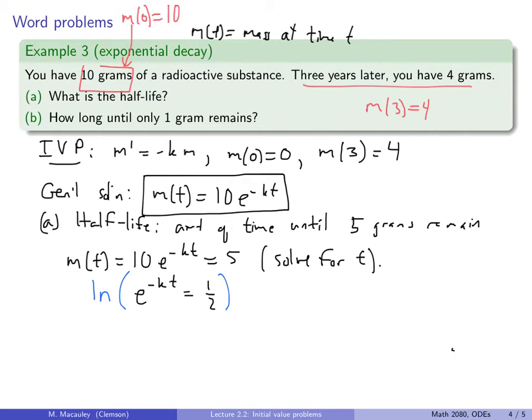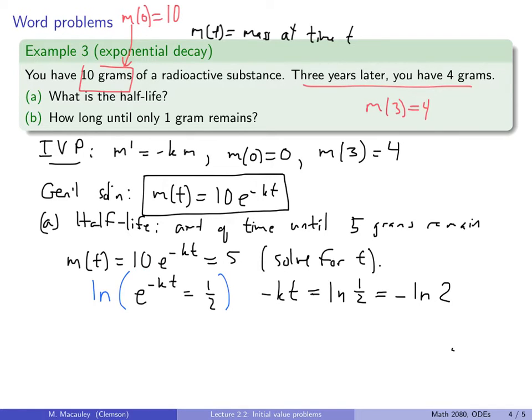So the natural log of e to the negative kt is negative kt, and set that equal to the natural log of 1/2. But I don't like natural logs of fractions that are smaller than 1. I like to say this is negative natural log of 2. You don't have to do it, but it's just a convention that I like, because I don't like fractions.